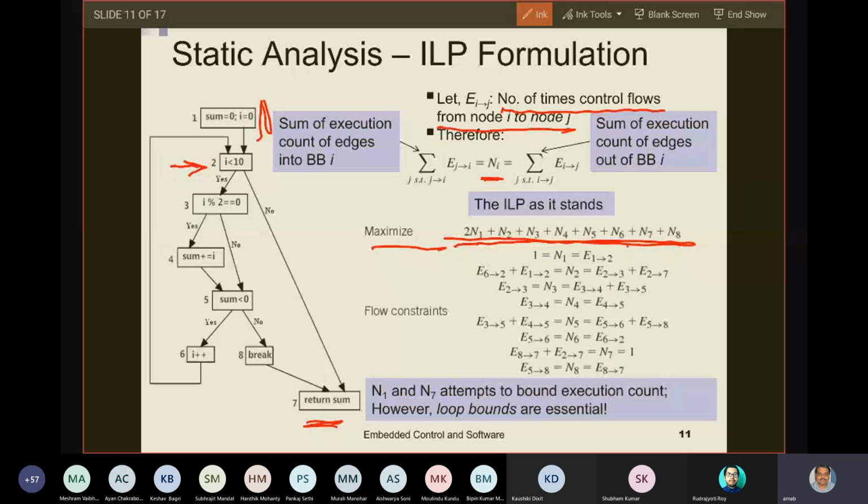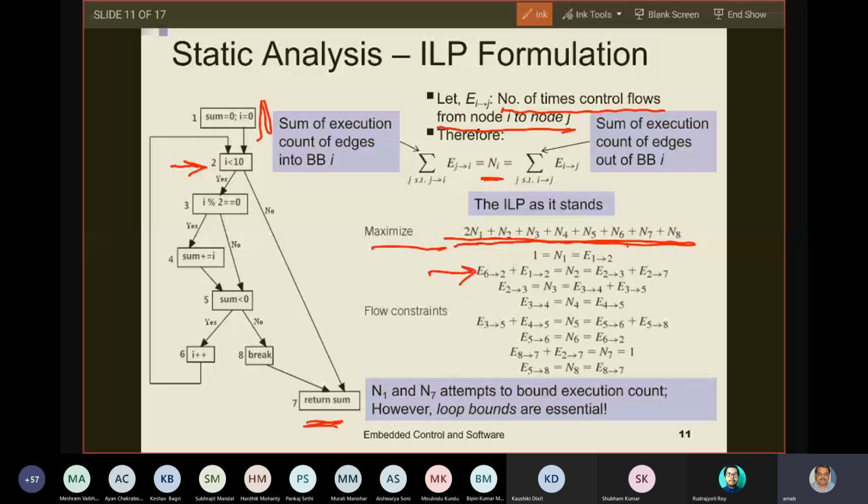So that is what you see here, that N2 equals E62 plus E12 and is also equal to E23 plus E27, right? Fine.